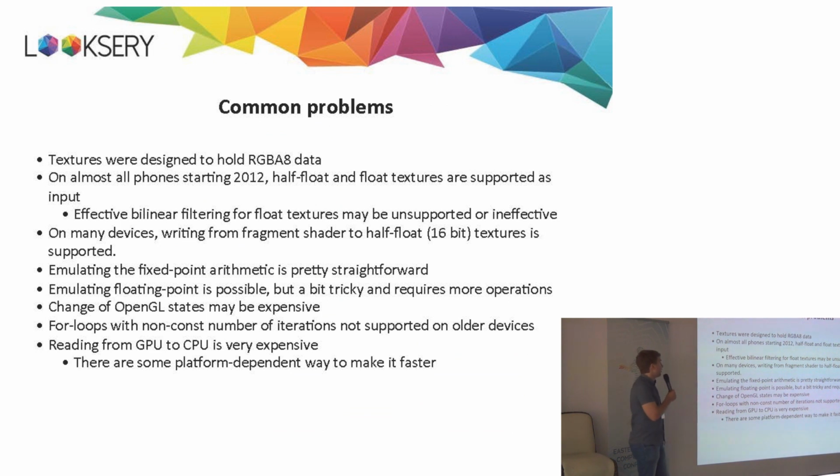But there are many common problems with that. The first problem is that textures were designed to hold RGBA8 data. That's what GPUs were originally made for: processing images. But on almost all phones since 2012, you can use half-float and float textures as input in shaders. However, effective bilinear filtering for those is usually unsupported.